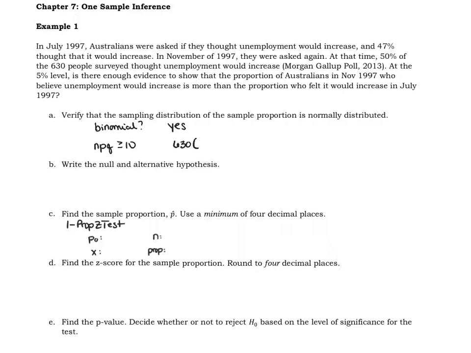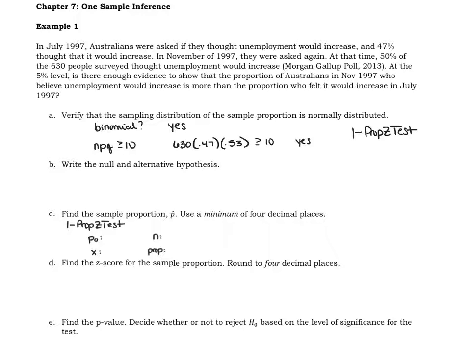The proportion of the original survey was 47% who said unemployment would increase, and that means the other 53% did not agree. That number is indeed greater than or equal to 10. So we're normally distributed. That means we can use the one proportion z-test to do this hypothesis testing.